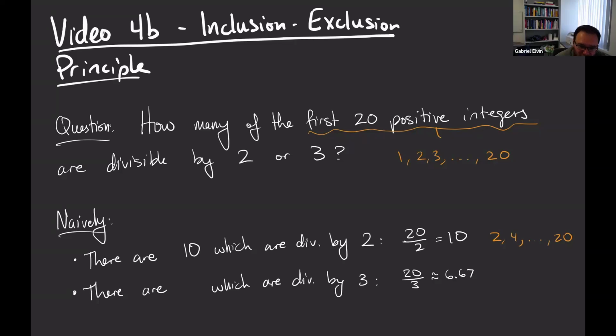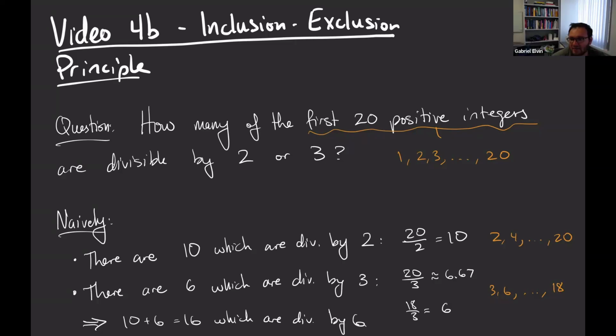So up to 18, there are only 6: 3, 6, up to 18. And there are 10 which are divisible by 2 and 6 which are divisible by 3. Therefore, there are 16 which are divisible by 6. I just add them together.